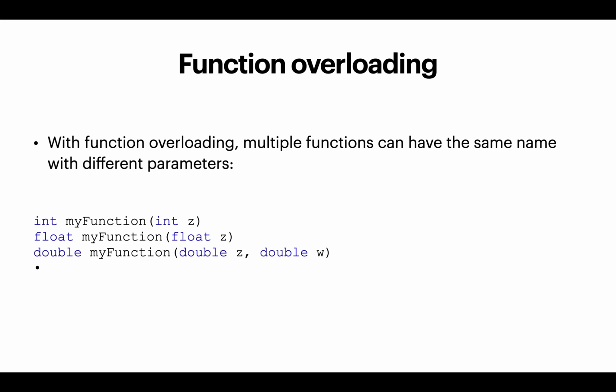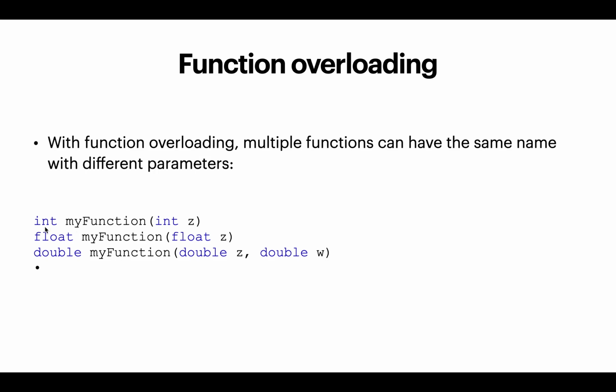Function overloading. With function overloading, multiple functions can have the same name with different parameters. So for example, we can have a function that returns an integer, a same-name function that returns a float and receives a float as a parameter, and a same-name function that returns a double and receives two doubles.